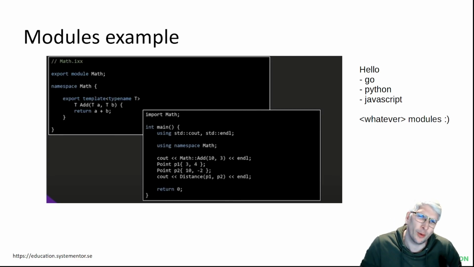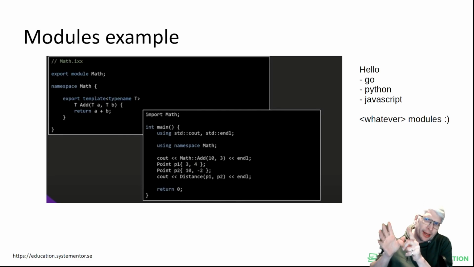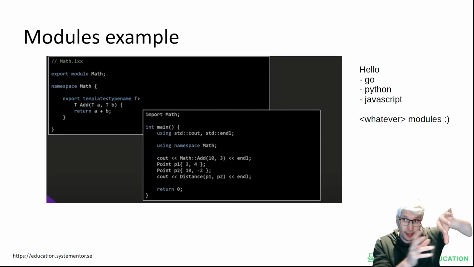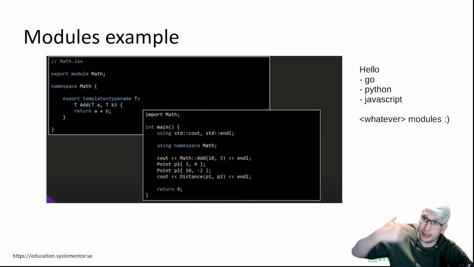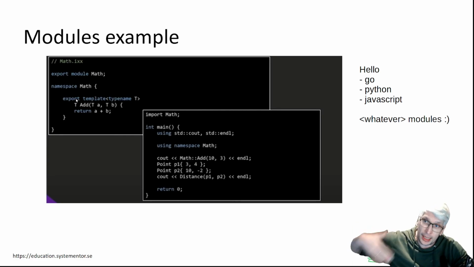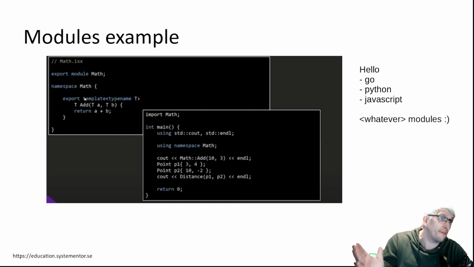Actually, the compiler has a pretty good workaround. If we do import on a header file, it will treat that imported header file as a module on its own. So it will work, but only to some extent. Everything in that header file is exported, because in a module we export certain functions.